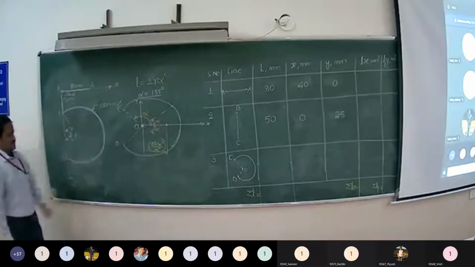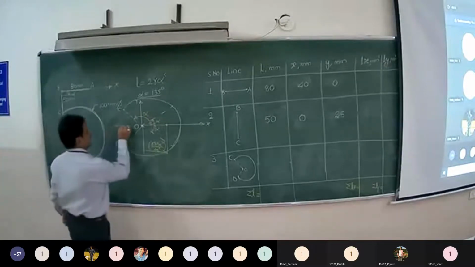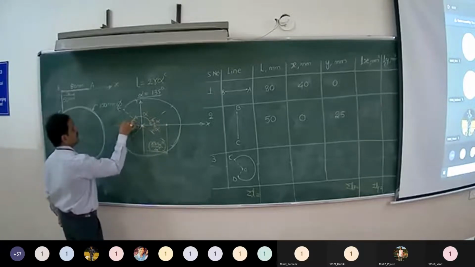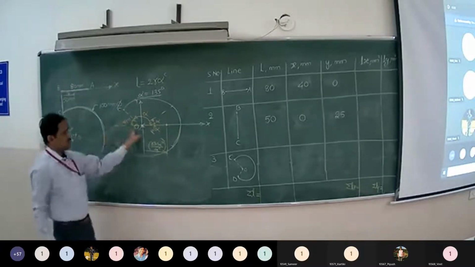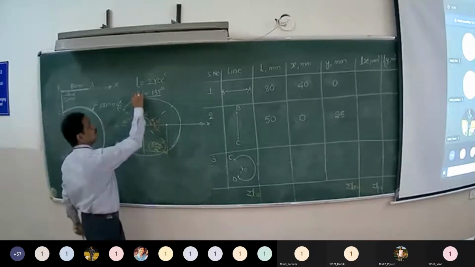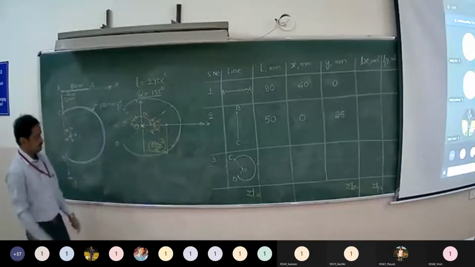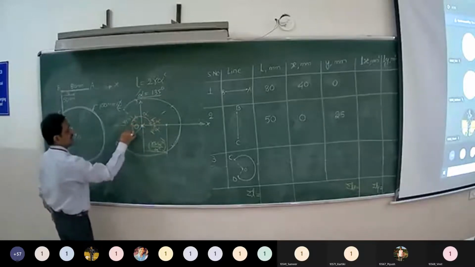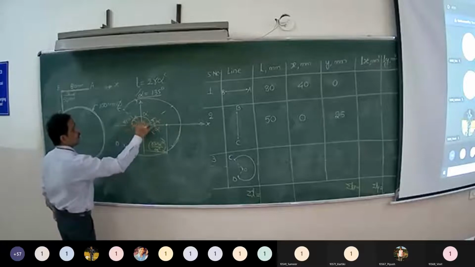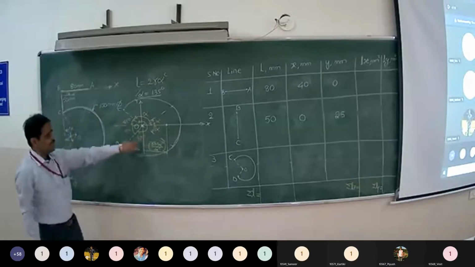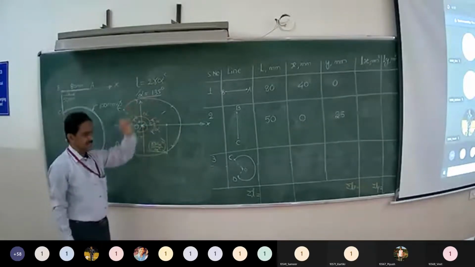In our case, it is given that this external angle is 45 degrees. So total 180 minus 45. So this 45 and this is 45. So 90. So the total internal angle is 270. But half of that, 2 alpha is 270, alpha is 135.